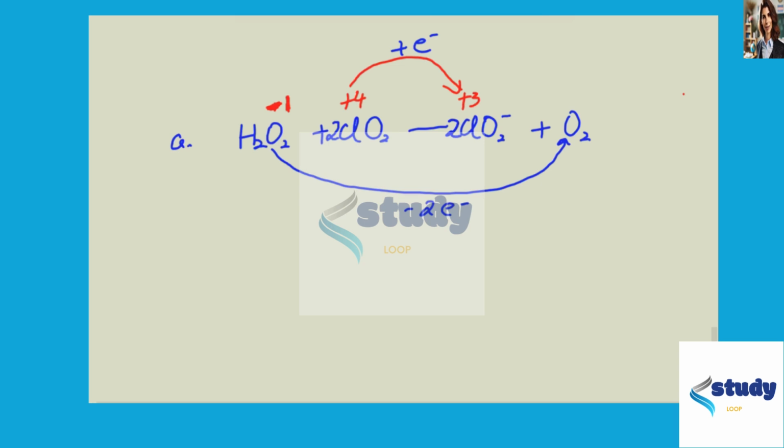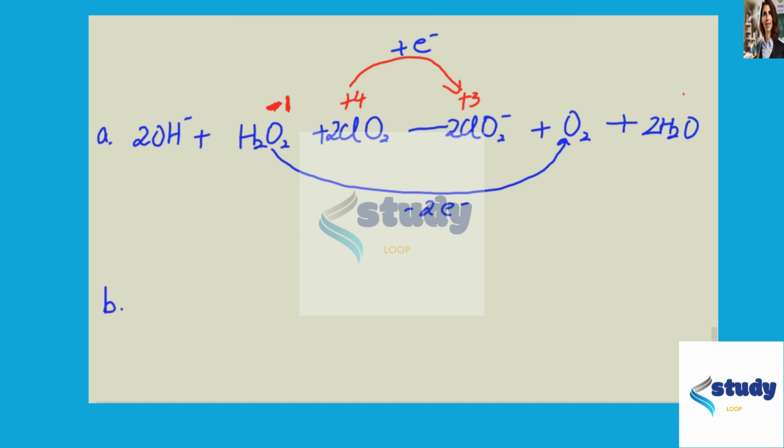Normally you would write hydrogen protons here, but it already says it's in a basic solution, so it will definitely not form protons. It will actually react with hydroxide, so it forms 2 moles of water. And that's how you balance the first equation.